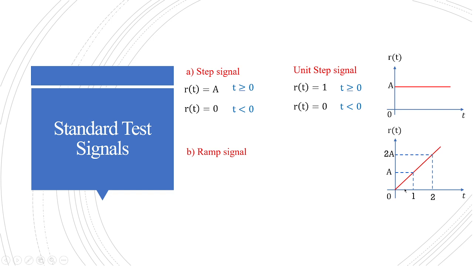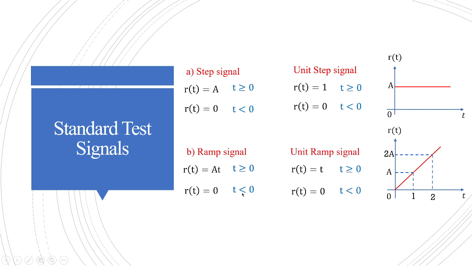So if you plot different values of t, you are going to get different values of R of t. So R of t is equal to A t. Here A is the slope and t is greater than or equal to 0. For that, the value of R of t is A t, and R of t is equal to 0 for t less than 0. When you replace A by 1, it becomes a unit ramp signal.